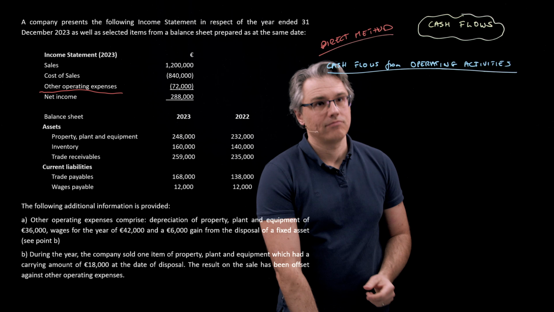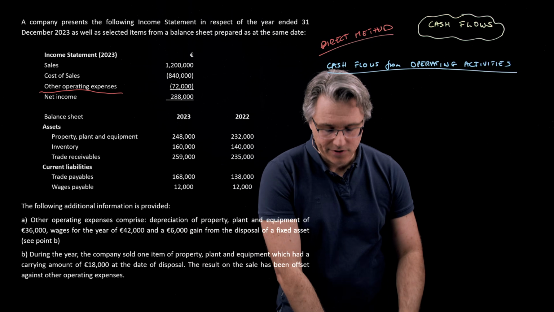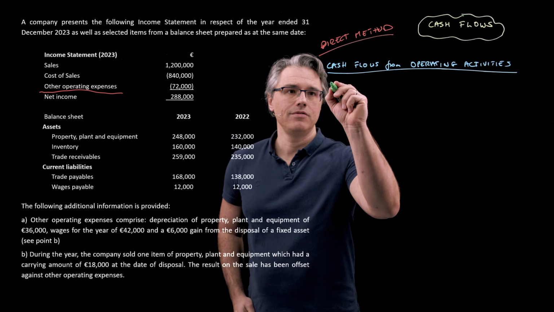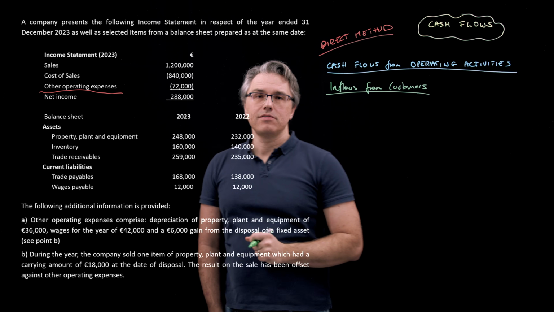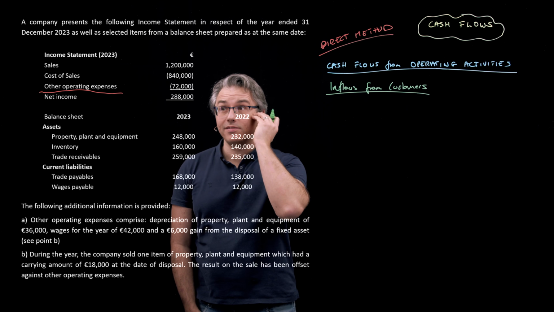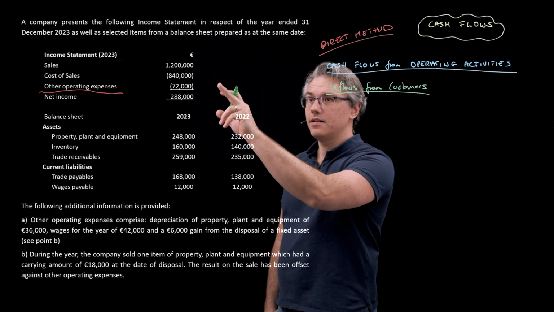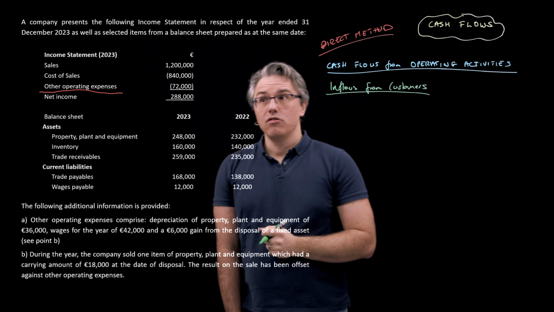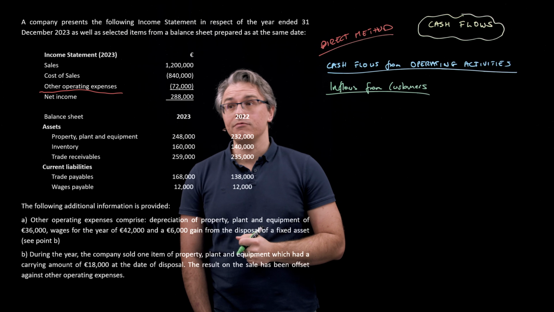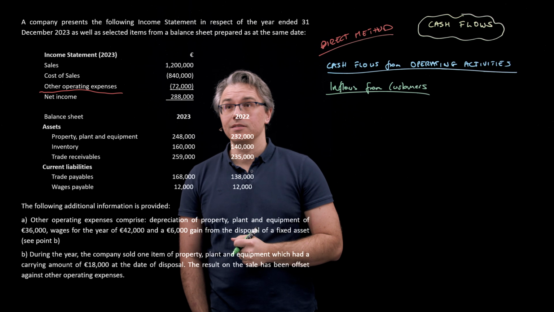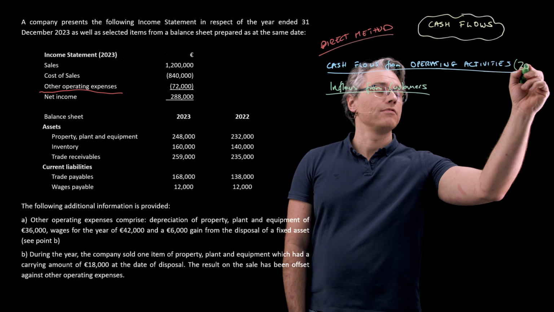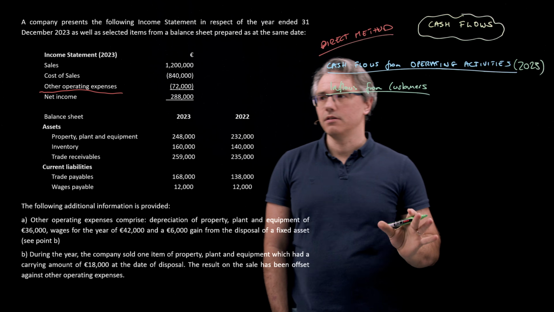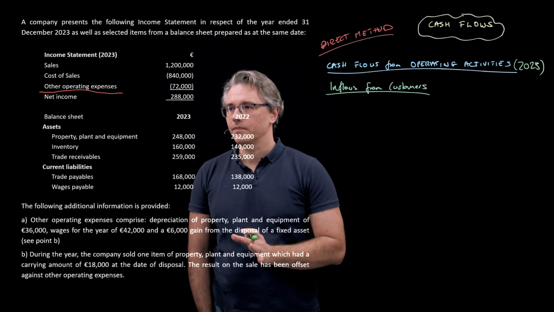And it's absolutely natural here to start with cash inflows from our customers. Now, inflows from customers are the results of sales, right? And we can see that the company generated sales of 1,200,000 in respect of the year 2023. Now, let me just say that we're doing this in respect of the year 2023, so that there is no doubt concerning this.